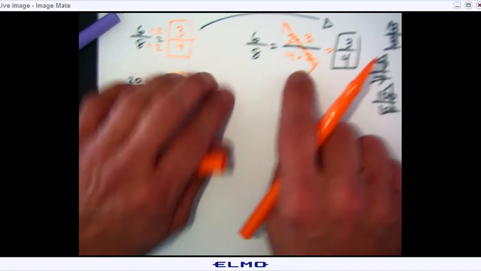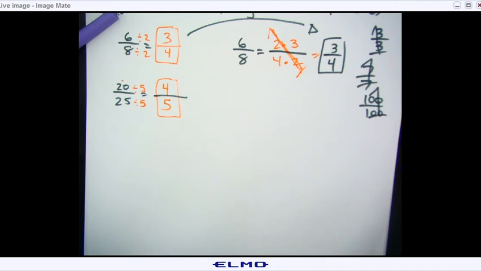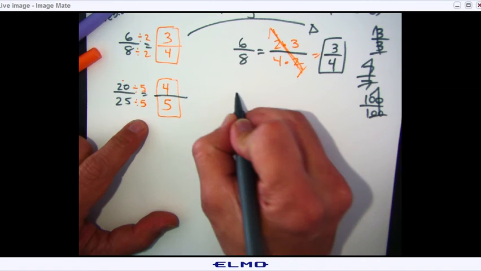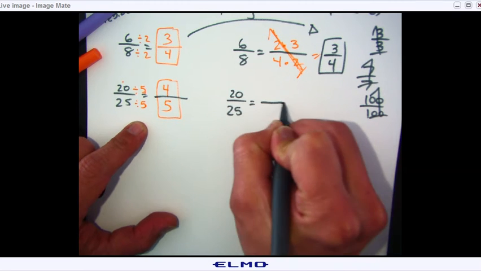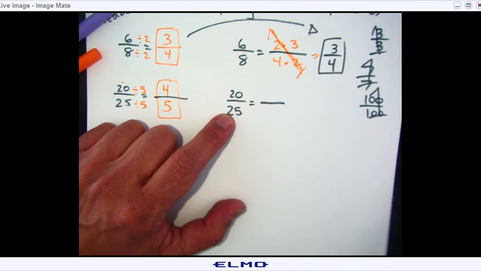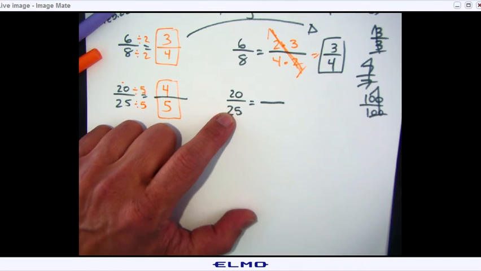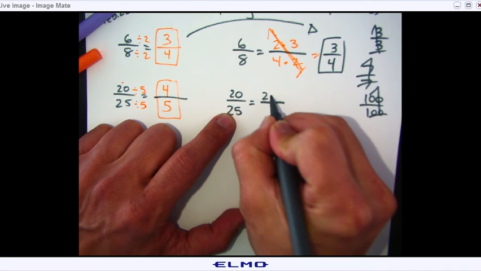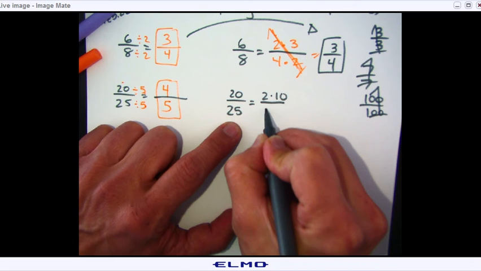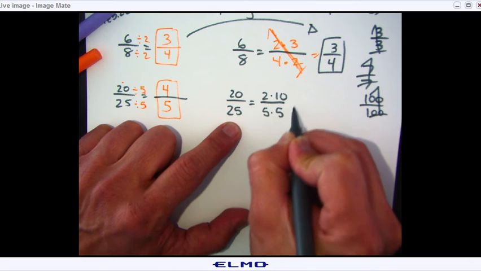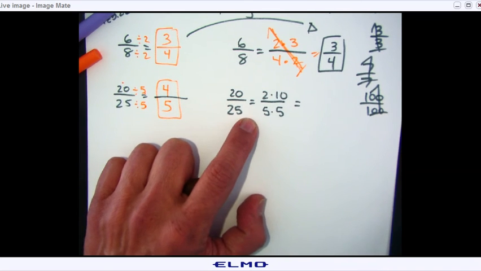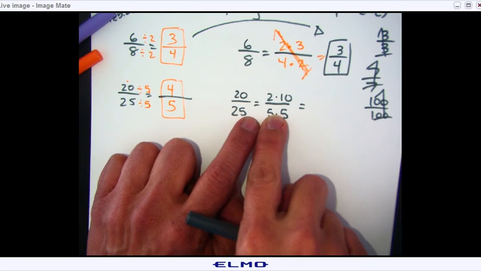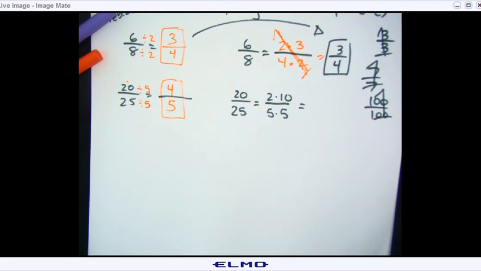Now, what if we do it the second way? Let's try it out. 20 over 25. 20 is 2 times 10, and 25 is 5 times 5. But there's no giant 1. There's only 5s on the bottom, but I need one on the top and one on the bottom to make a giant 1.